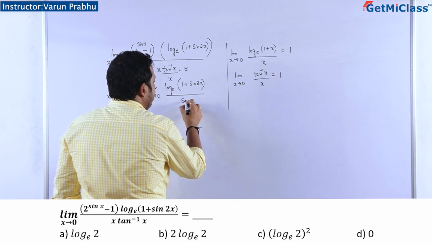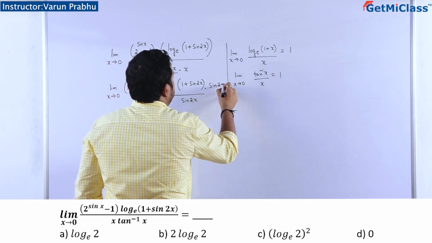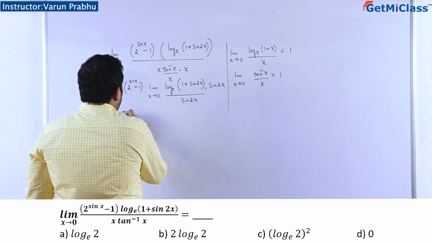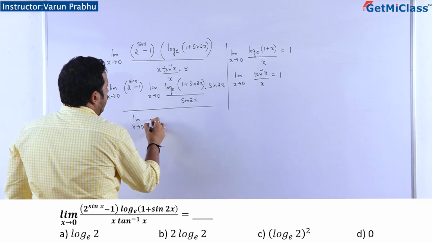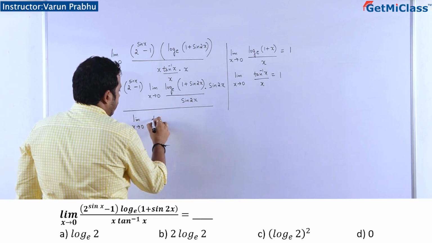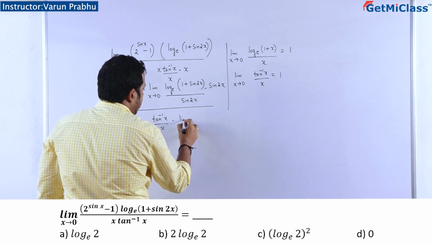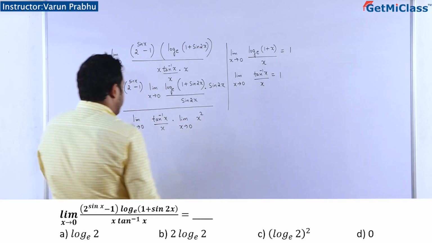I'll divide by sin 2x and I'll multiply by sin 2x, is it okay? Whole divided by limit x tends to 0 of tan inverse x divided by x into limit x tends to 0 of x square. Are you getting it? Of x square.